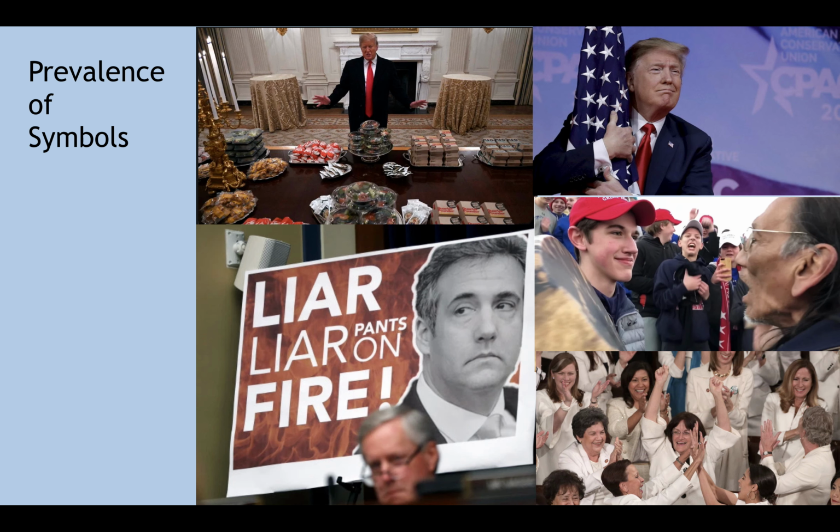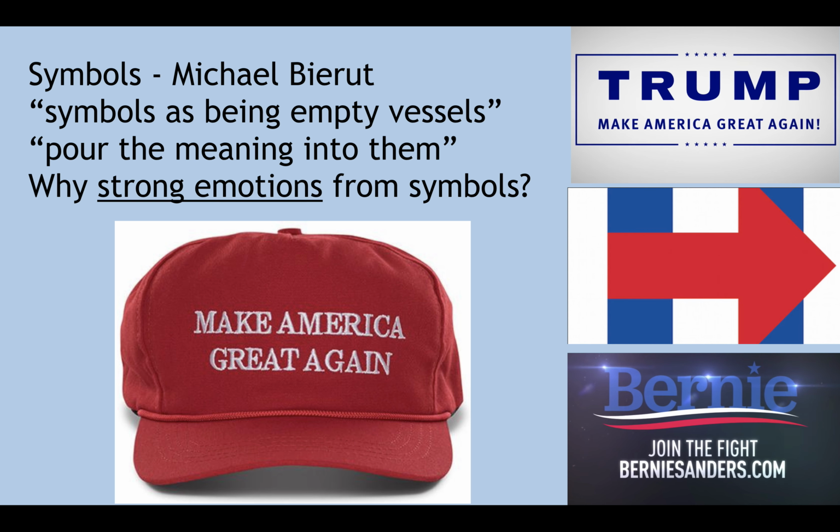Going clockwise from top upper left: the President with some fast food in part of the White House; the President hugging the flag; Nick Sandmann wearing the "Make America Great Again" hat with Nathan Phillips on the right at the Lincoln Memorial; bottom right is a bunch of women at the State of the Union wearing white to show support for gender issues; and then the "Liar Liar Pants on Fire" placard with Michael Cohen's image on it.